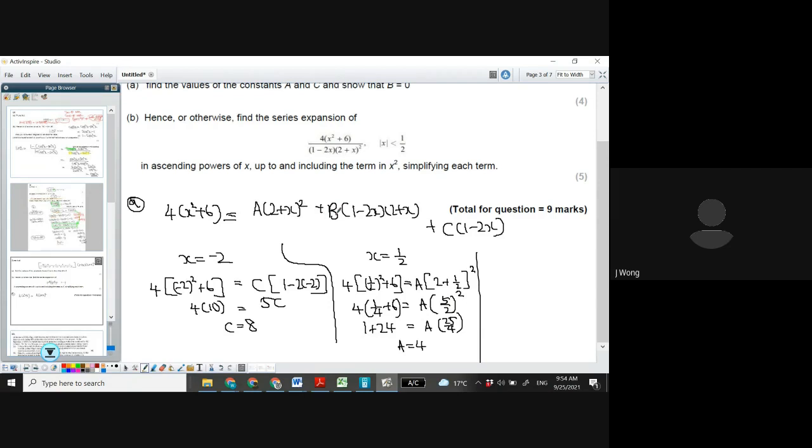There are a lot of ways that you could show that b will be 0. So what you could do is from here, you could just substitute x is 0 and find ABC, because we call that this is identity. That means it will work for any values of x that you put in.